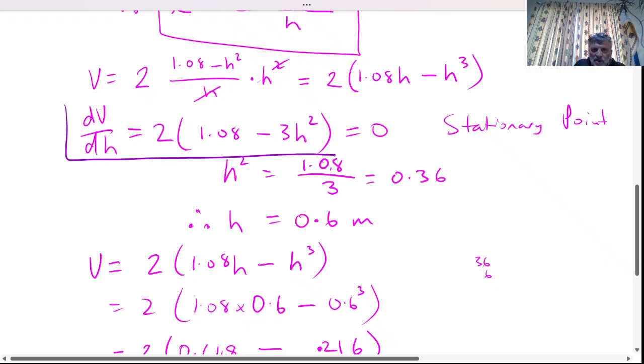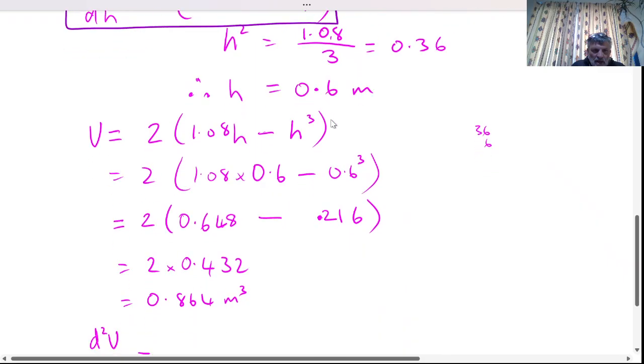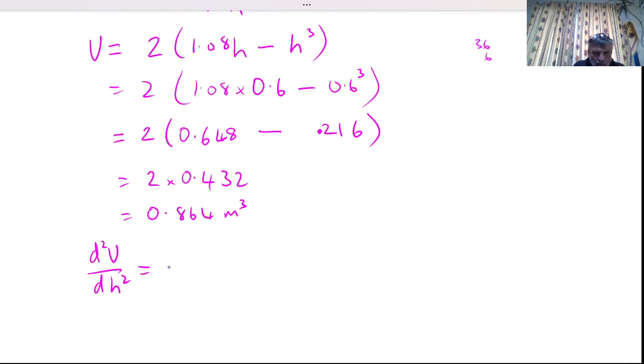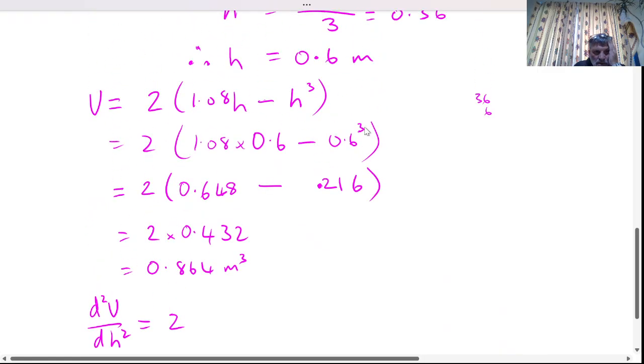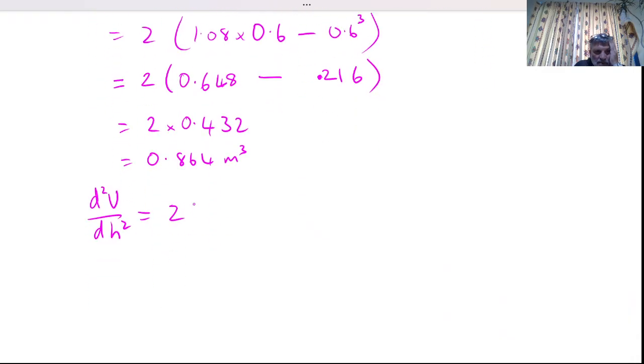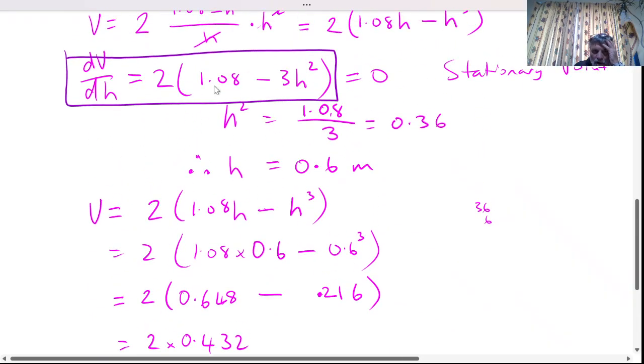It's going to have 2 outside. 1.08 is going to give us a constant, which we lose when differentiating. So it's just this term, put the 2 in front, 2 3s are 6, h with a minus sign.